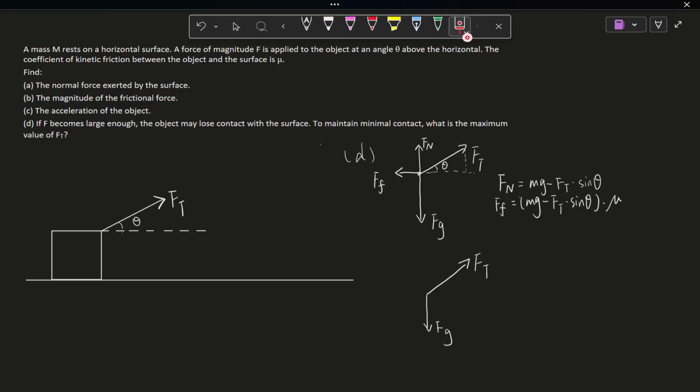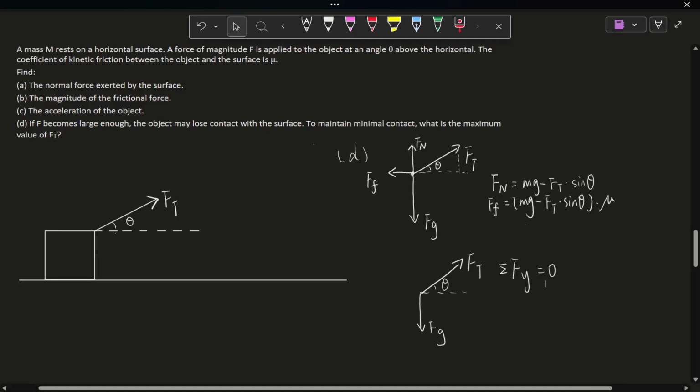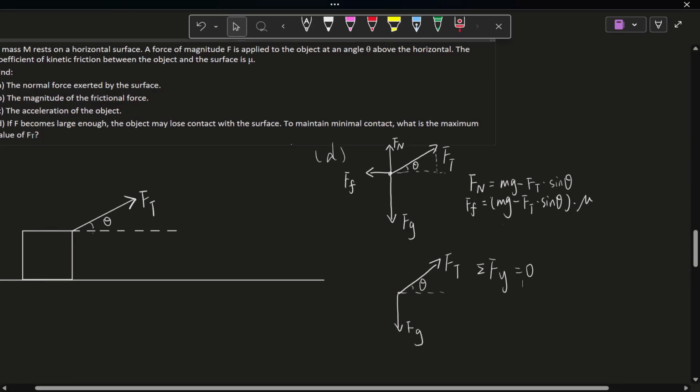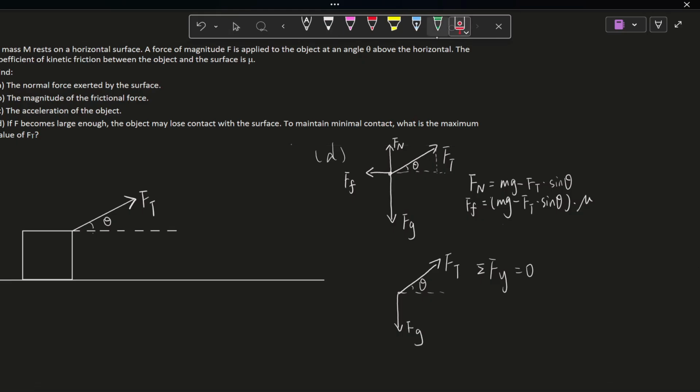So now let's separate them into components. This is angle theta. Since it still has minimal contact, I can write that net force Fy is still equal to 0, because it almost lost contact with the surface. However, it still hasn't, so it is not moving vertically yet.